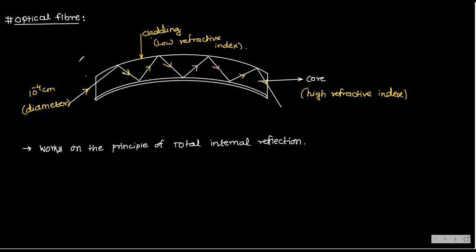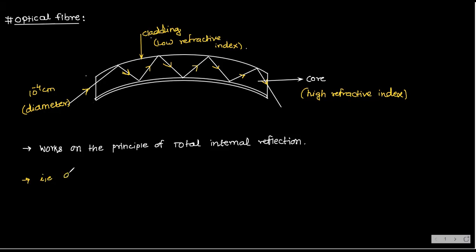So light incident on this will always follow a zigzag path because of total internal reflection. And you know, total internal reflection takes place when the angle of incidence is greater than the critical angle.